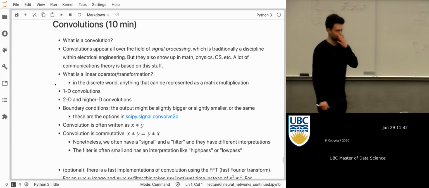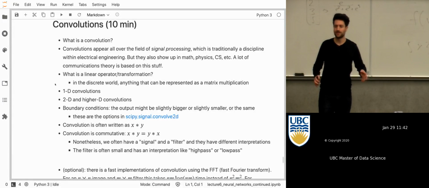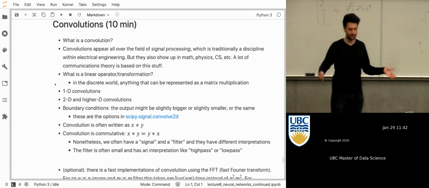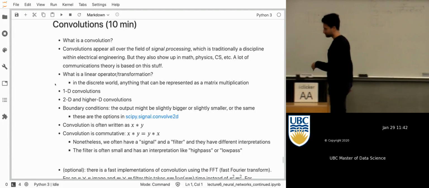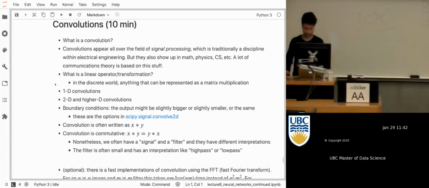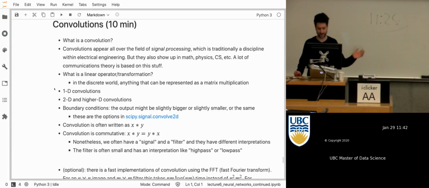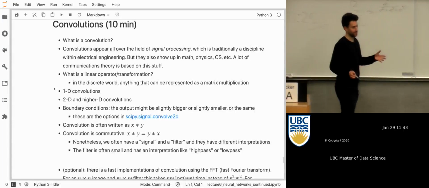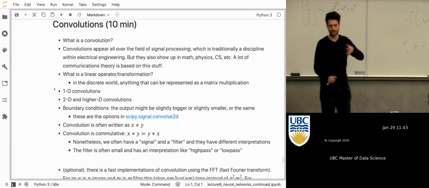So convolutions operate on those types of structured signals, as we call them, one-dimensional, two-dimensional, three-dimensional, etc. And there's a specific definition that's gone through in the video of what a convolution actually does. But it's basically an operation for transforming one of these signals into another one.